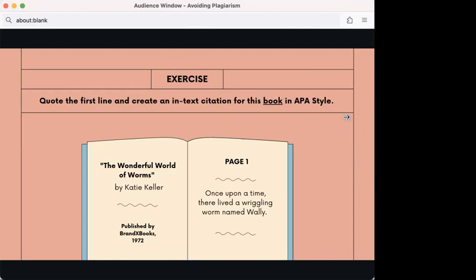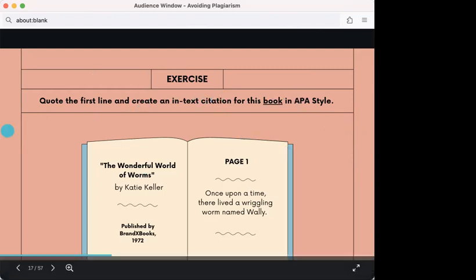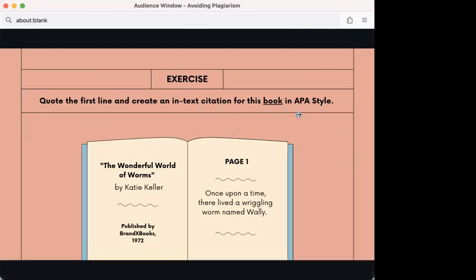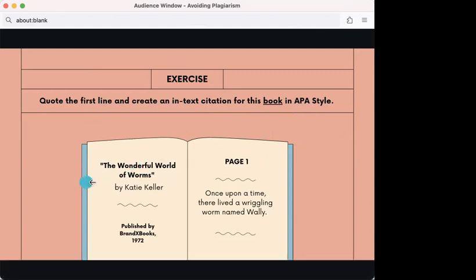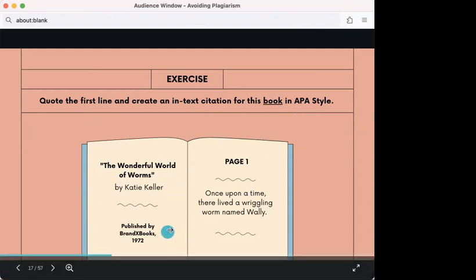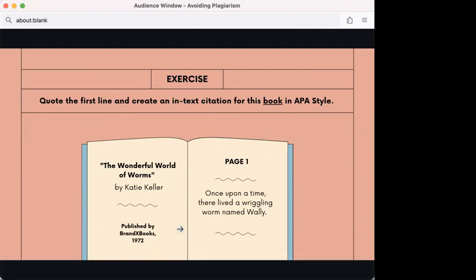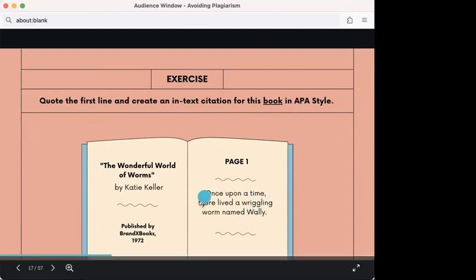You can try to learn some ways to cite the sentence or sentences from the Write Your Academic Essay book, and then try to cite this line. The line is from The Wonderful World of Worms by Katie Keller, published by Brand X Books in 1972. And this is the sentence that you need to quote.